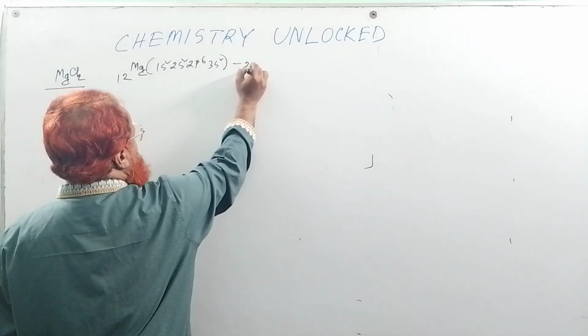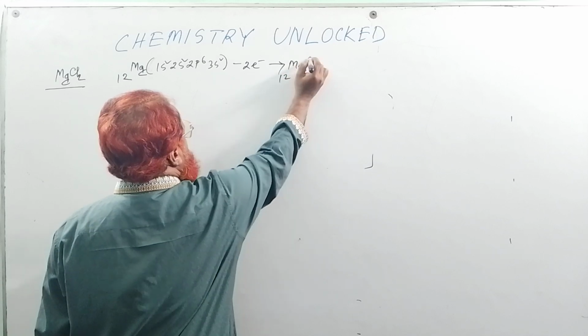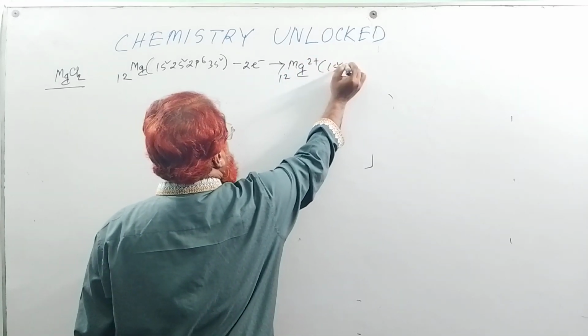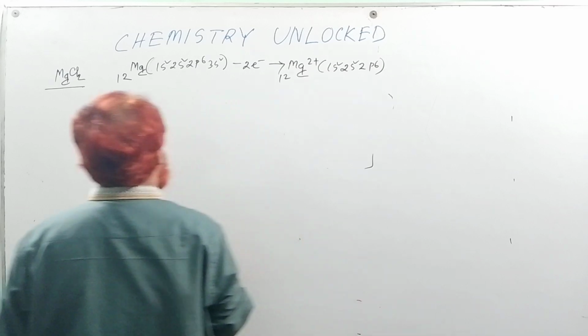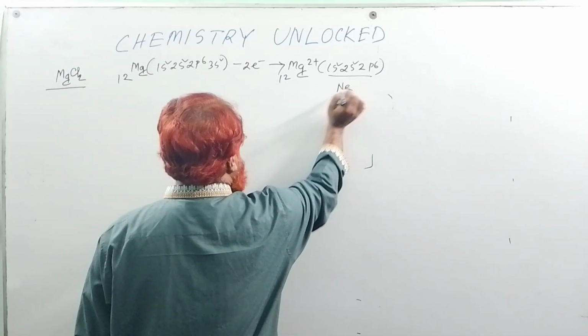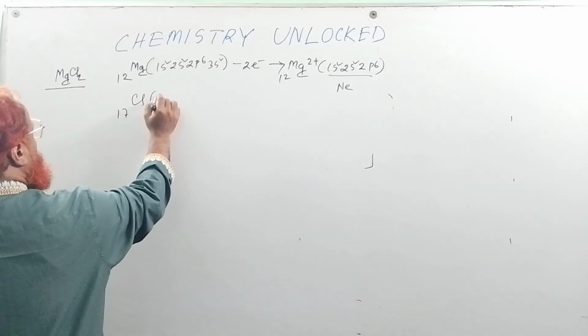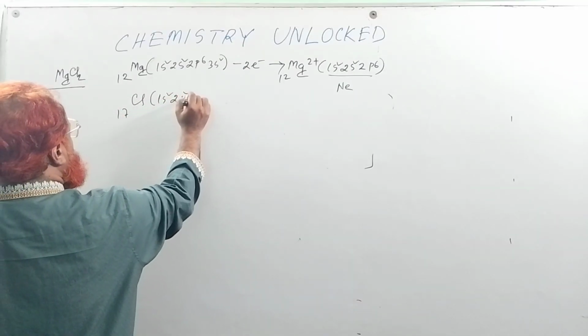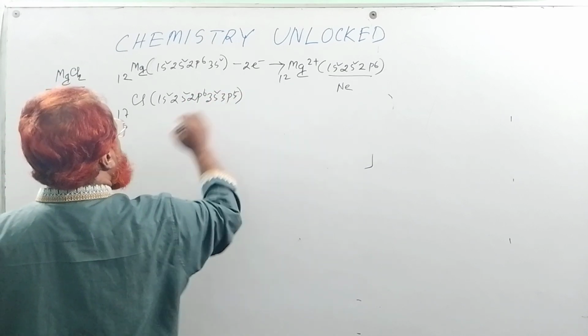If 2 electrons are donated, then it becomes Mg2 plus, 1s2, 2s2, and then 2p6. So it will be the electronic configuration of what? Neon. Chlorine: 1s2, 2s2, 2p6, 3s2, 3p5.